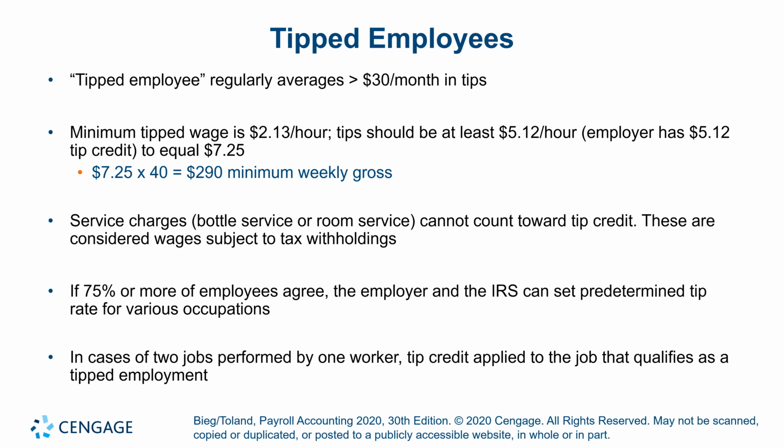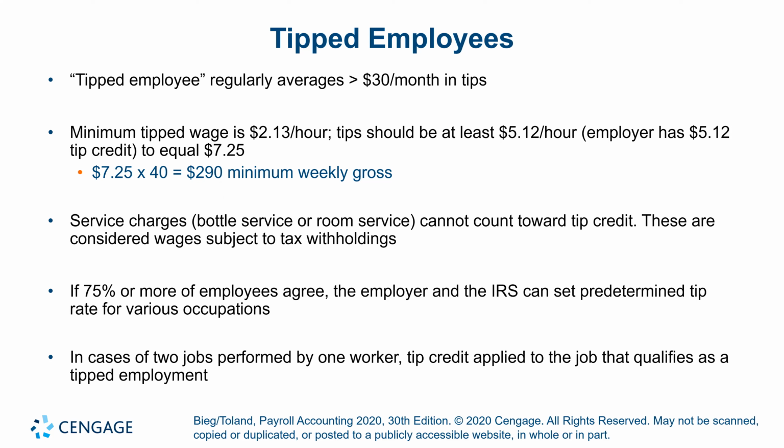that combines to be the minimum wage of $7.25, right? Just like it shows here, if we take the $7.25 an hour times 40 hours a week, they should have a minimum of $290 weekly gross pay or gross wages.